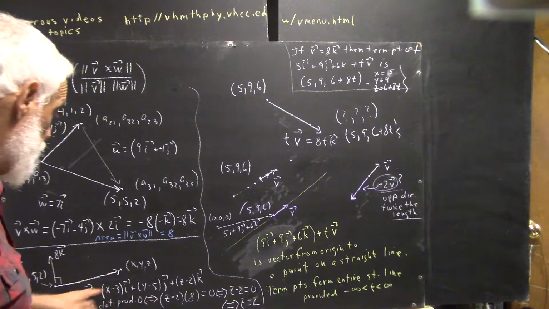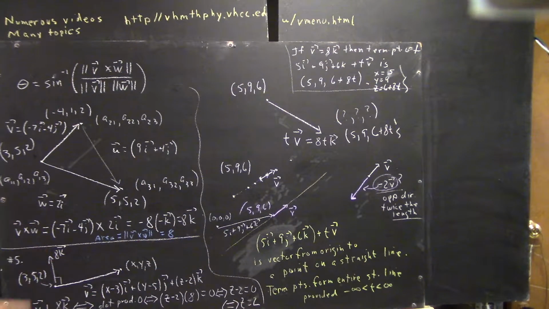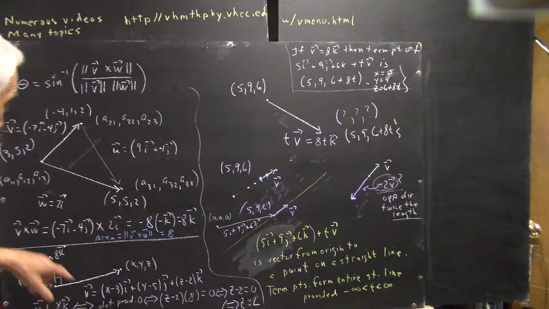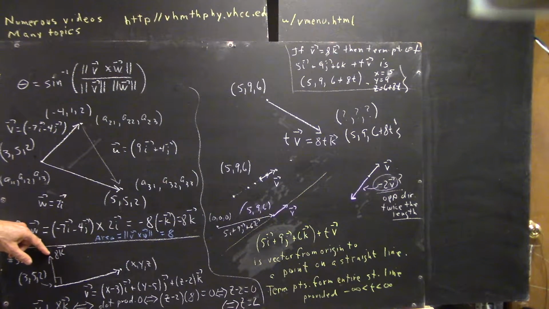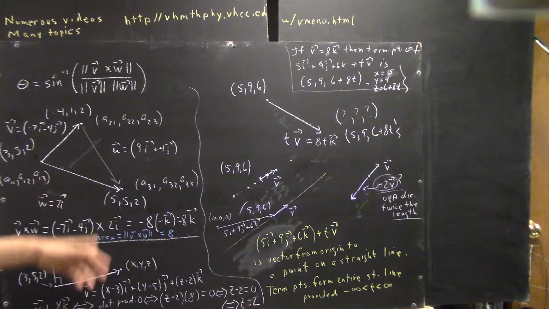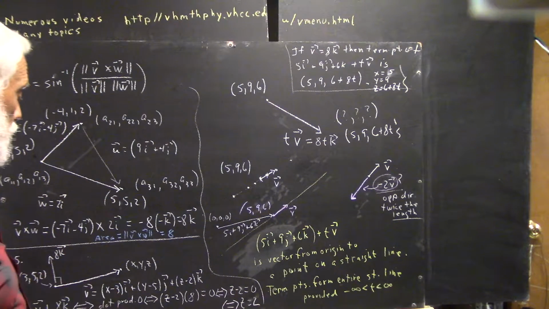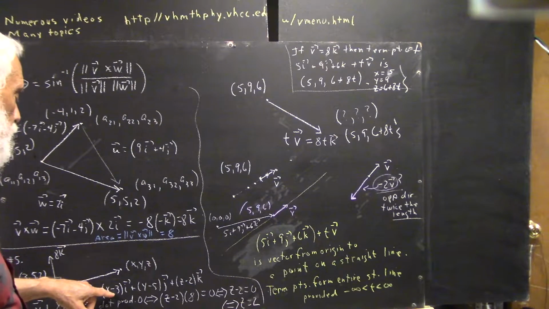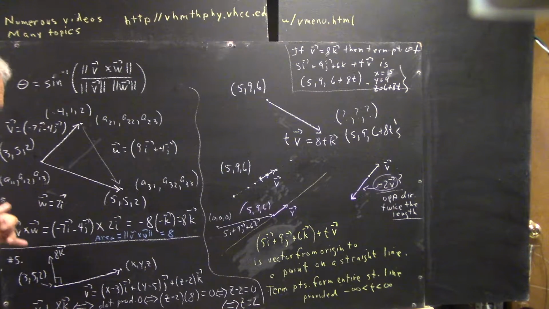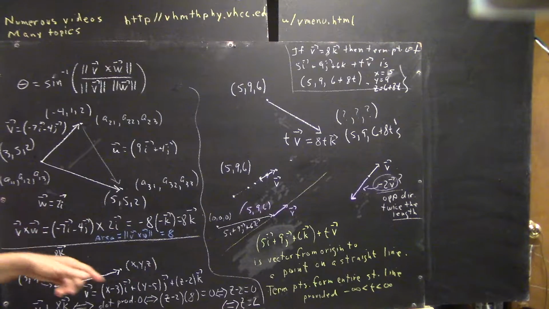The dot product of this vector with the 8k vector: we have no i or j component on this one, so x minus 3 times the 0 that we have for the i component of this vector is 0.